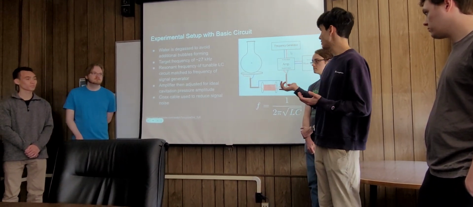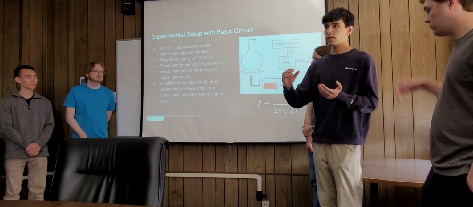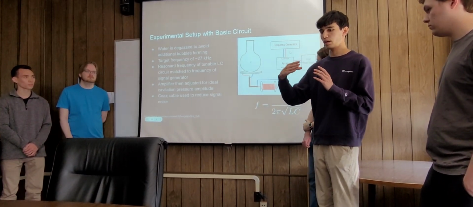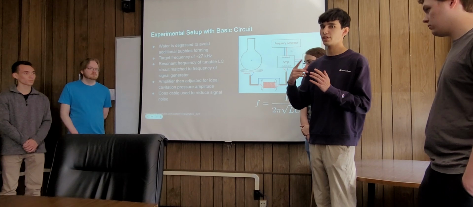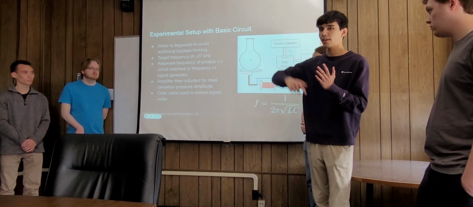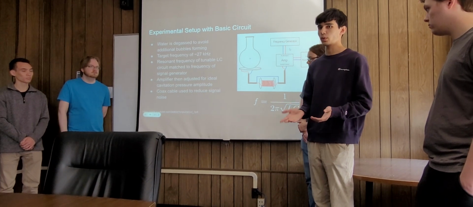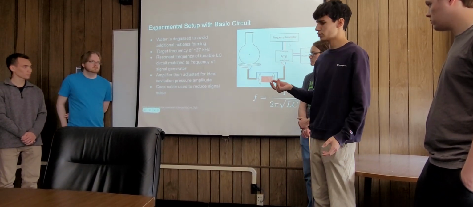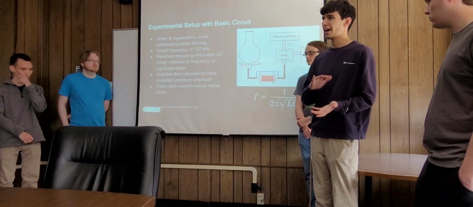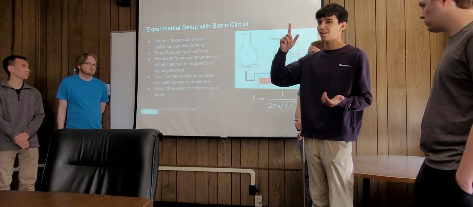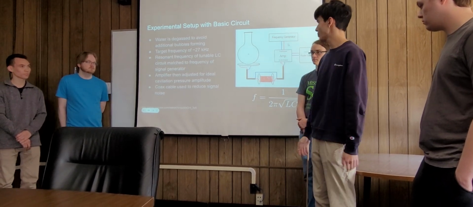But if we add an LC circuit in series with this, and we create the LC circuit such that its resonance is that same 27 kilohertz, whenever it sees that 27 kilohertz signal, it'll amplify those voltages even greater, which will allow us to actually be able to drive that transducer without needing a higher voltage source or something like that. Because maybe the signal generator is 3 volts, 5 volts peak to peak, maybe 12 something, but maybe that's not enough.